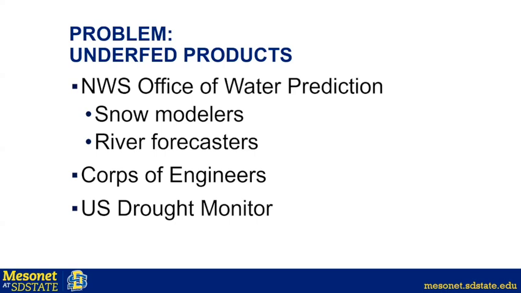What spawned this really was flooding, but what's good to tell if there's too much water is generally good to tell if there's not enough water. And there was a demand for better data for the U.S. Drought Monitor too. So basically this list here is what we built to satisfy.